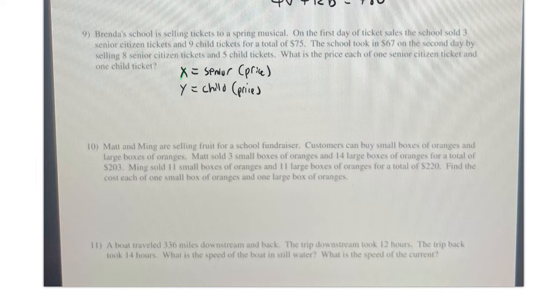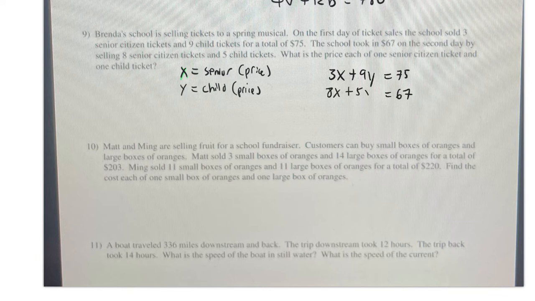On the first day, they sold 3 times X and 9 times Y, and they pulled in $75.